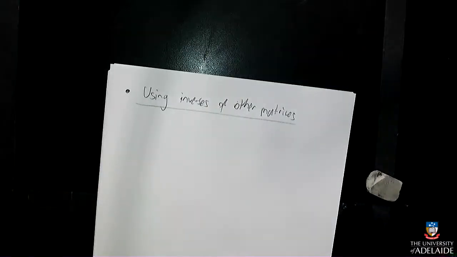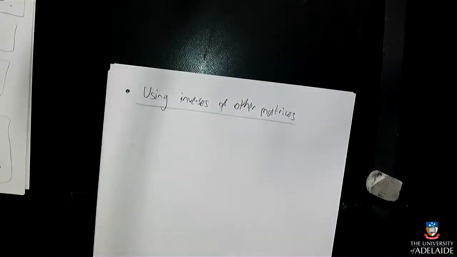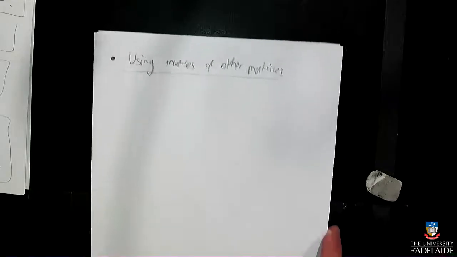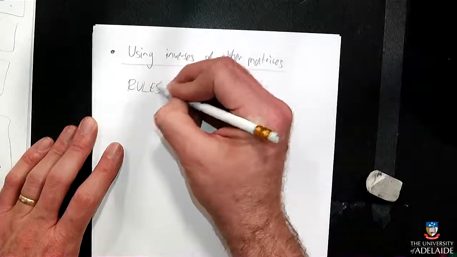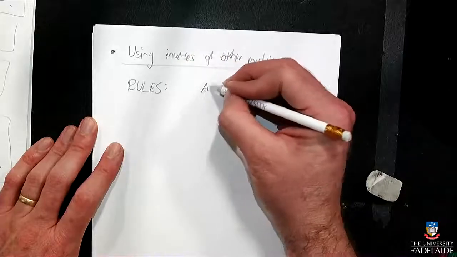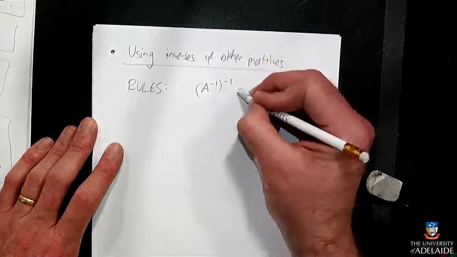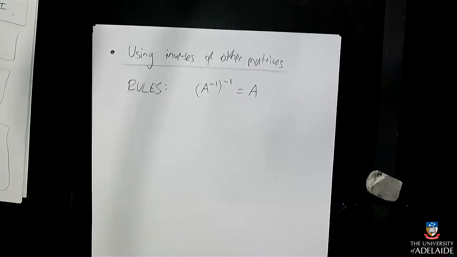So the thing I want to say is that the process of creating an inverse interacts quite well with multiplication. So firstly, I'm going to say some rules. The inverse of A inverse is A, for any matrix that actually has one.